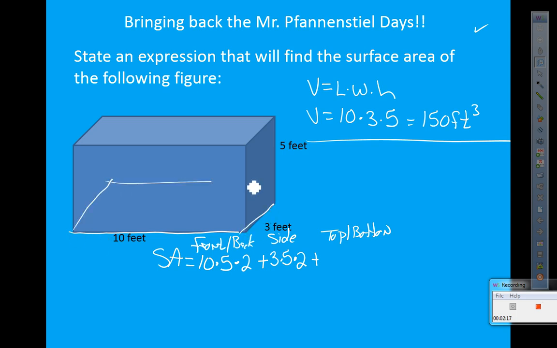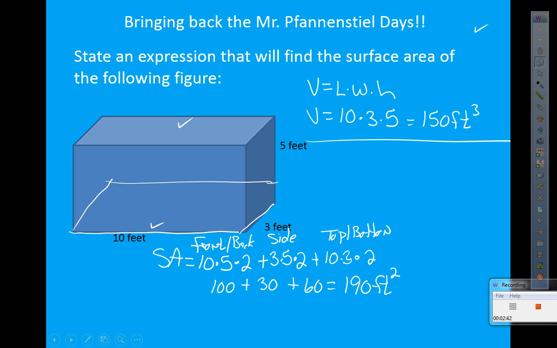So I'm going to have 10 times 3, and there's going to be 2 of them, one on the bottom, one on the top. And of course now we would just add those together. So it looks like this is 100, this is 30, this is 60. So I get a surface area of 190 square feet.